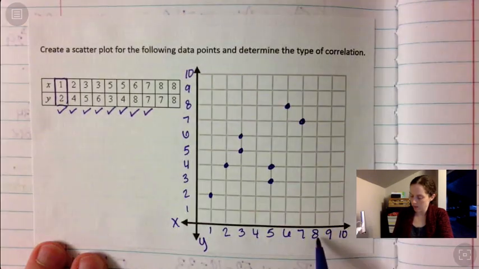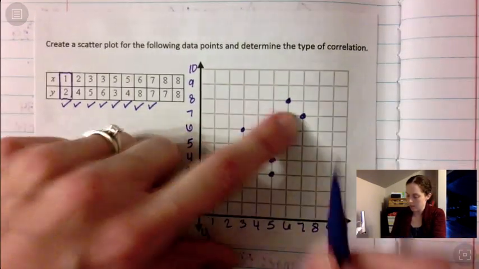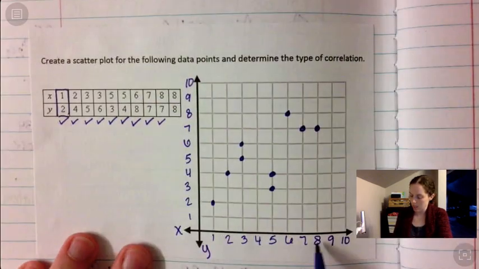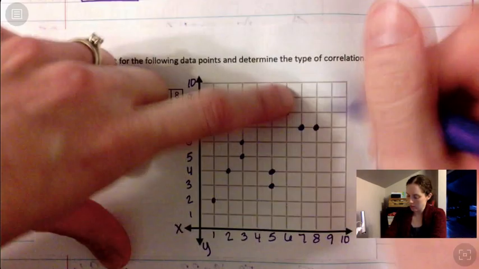Got 8, 7, I find 8, I got 7, follow along, I'm right there. And then the last one is 8 and 8, so that's going to be right here.